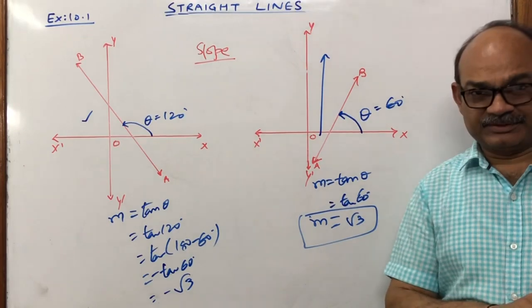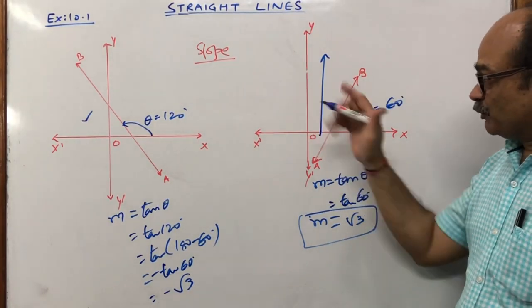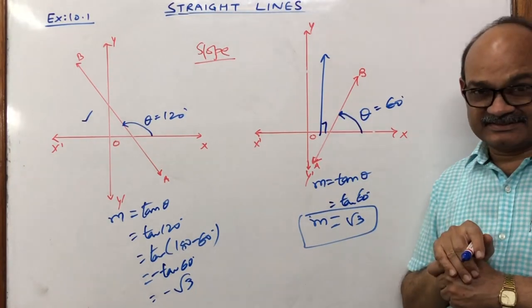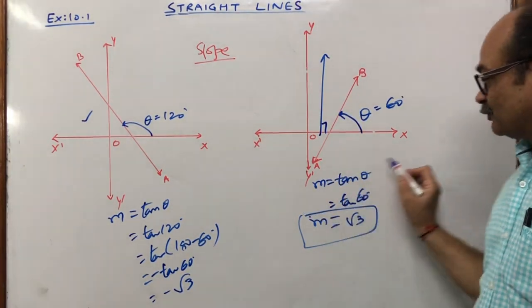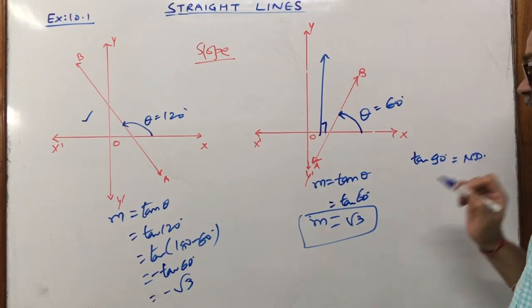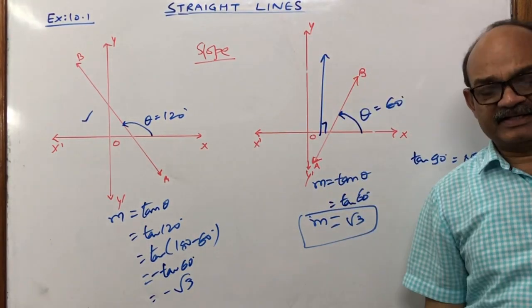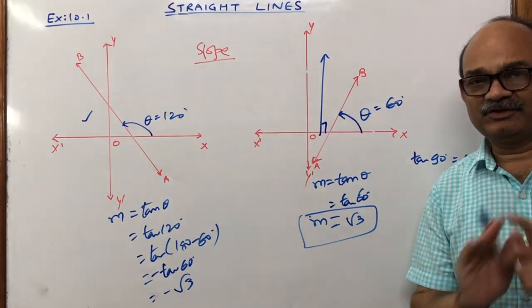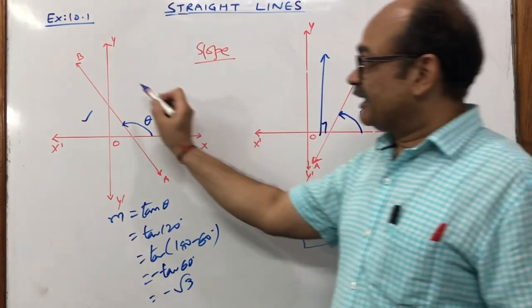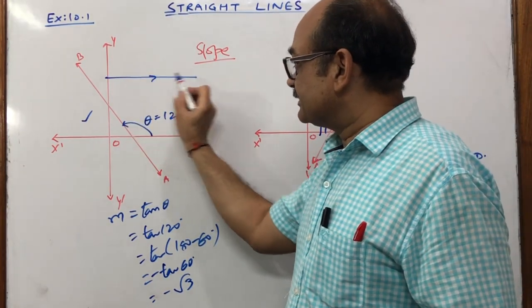अब बताओ, अगर कोई line parallel to y-axis होती, line parallel to y-axis, it means angle is 90 degree from the positive direction of x-axis. और अगर ये 90 degree हो गया, तो tan 90 क्या होता है? Not defined. It means whenever line parallel to y-axis, its slope is always not defined or infinity. Clear? But suppose a line is parallel to x-axis.